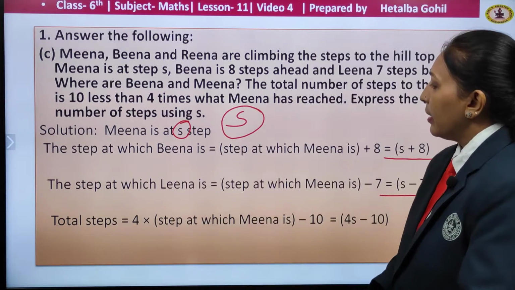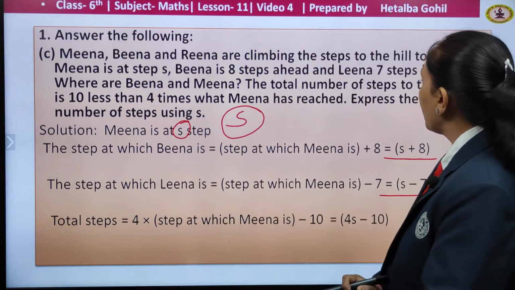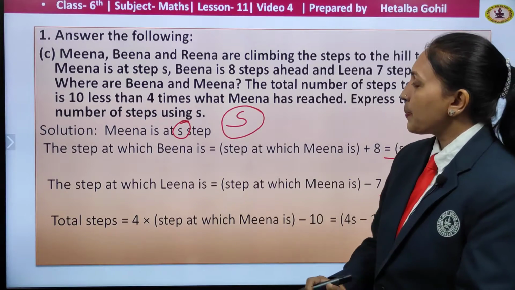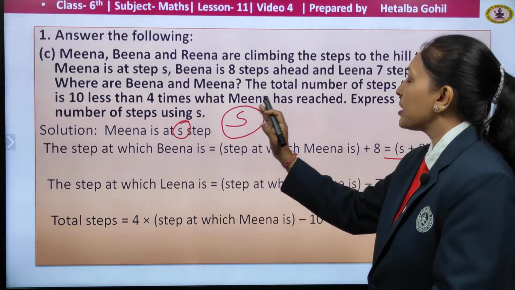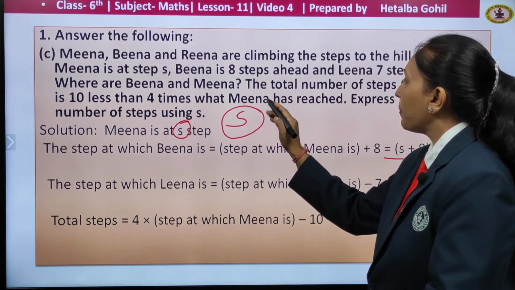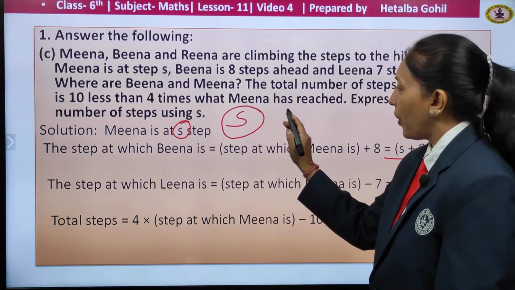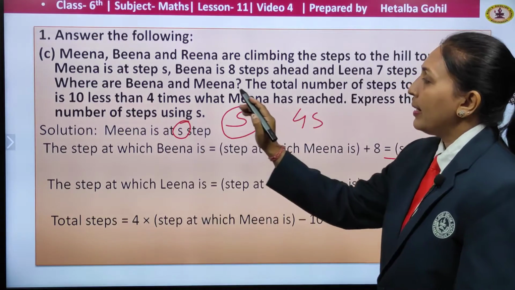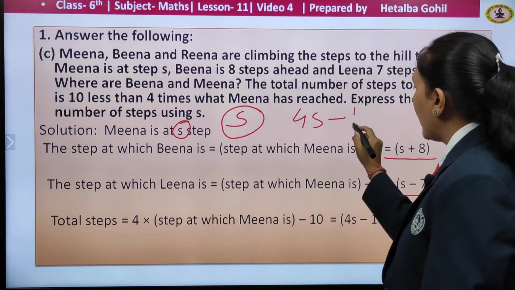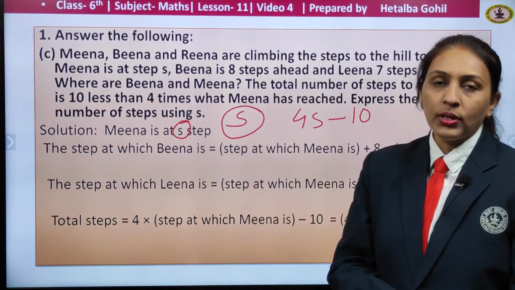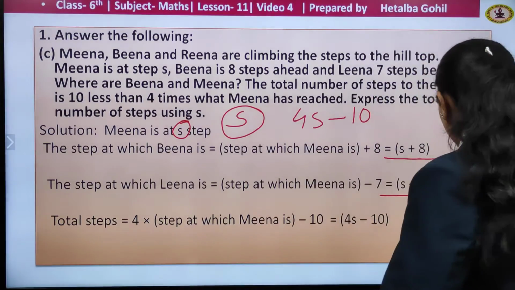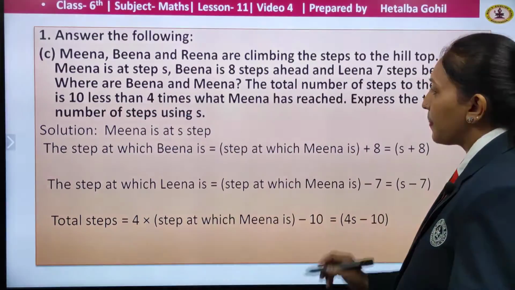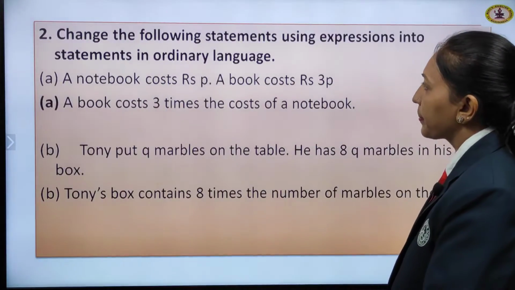Then the total steps we have to give in the form of an expression using S only, which is 10 less than 4 times Meena. 4 times Meena means 4 into S, and 10 less than that. So 4S minus 10 is the total number of steps. Children, you only have to form the expression, no solution to it.